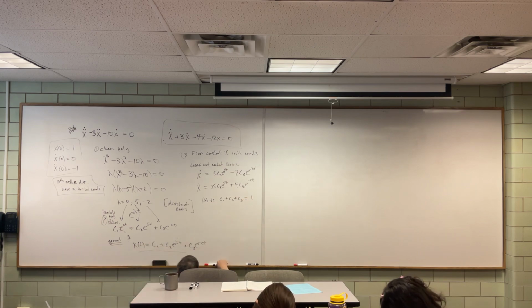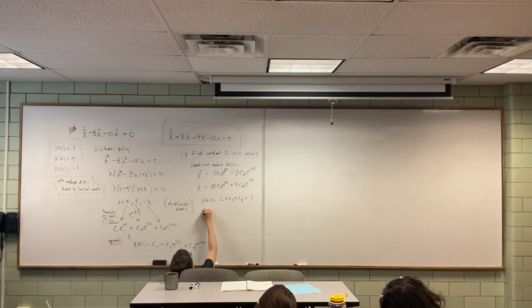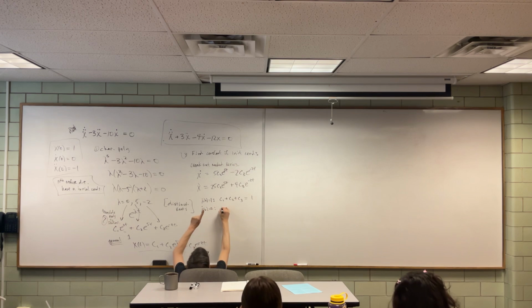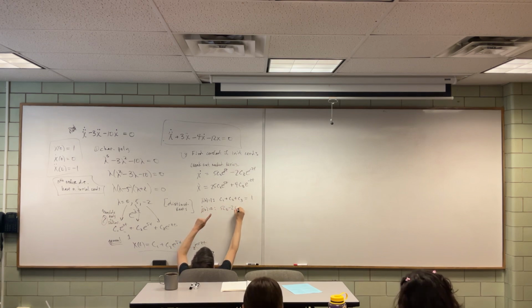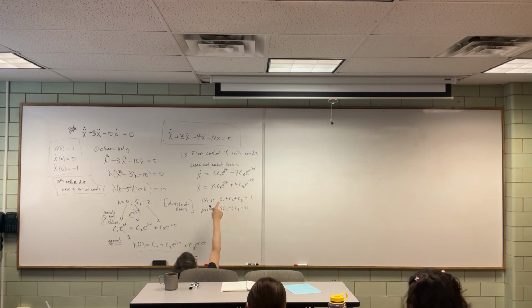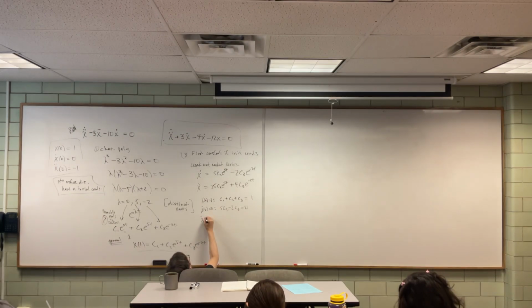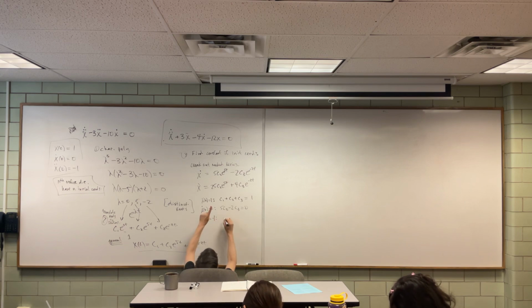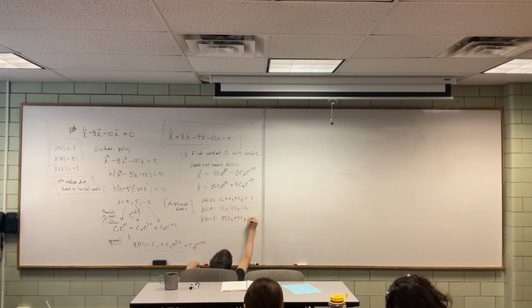Then x dot at 0 equals 0 tells me 5c2 minus 2c3 equals 0. Just plug in 0 again for t, and then x double dot at 0 equals negative 1 says that 25c2 plus 4c3 equals negative 1.